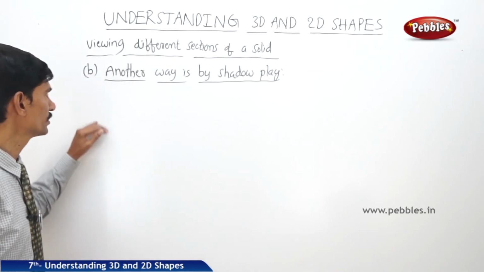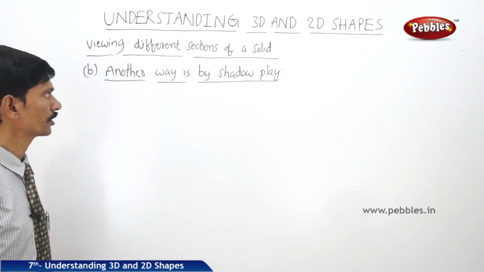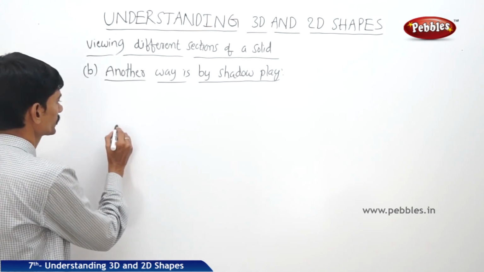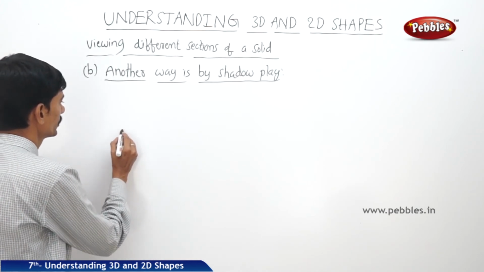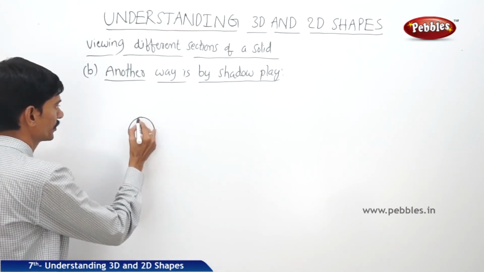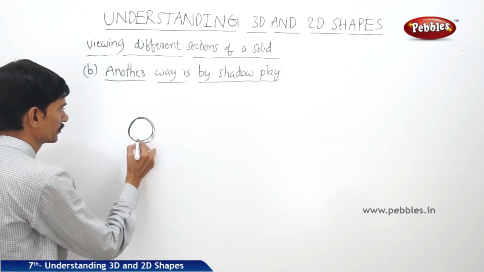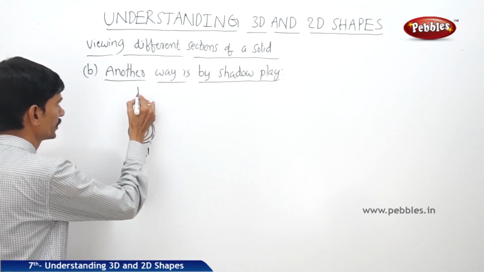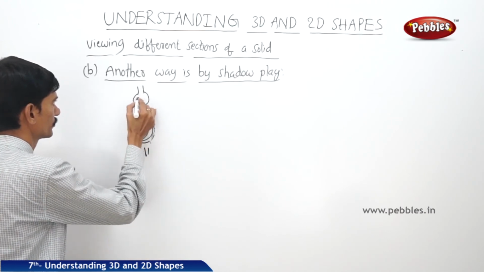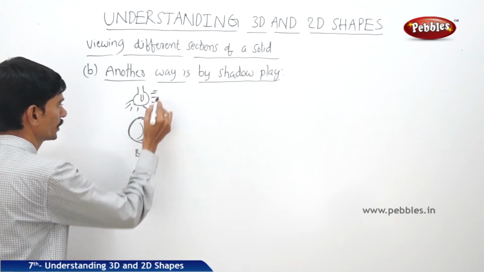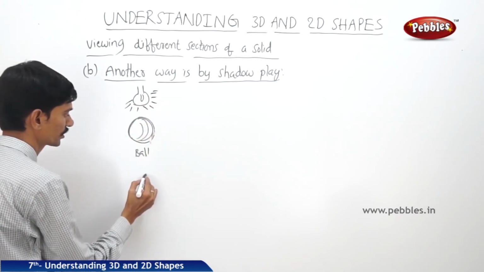Another way is by shadow play. Now if you keep a torchlight or bulb in front of any solid object like a circular or spherical shape, for example a ball, then you will get its shadow as a circle.